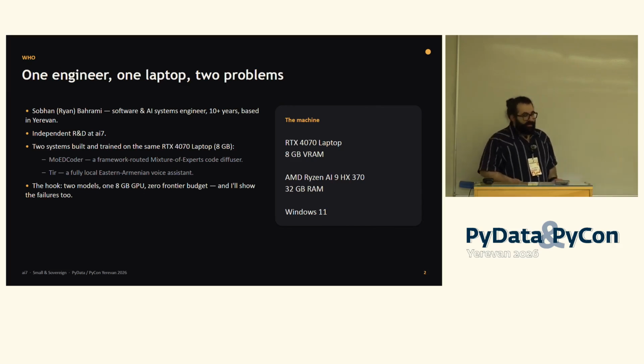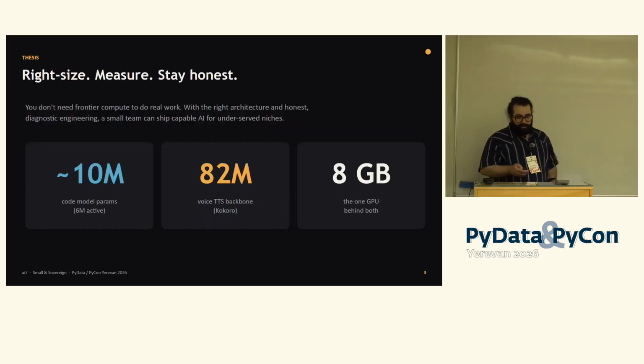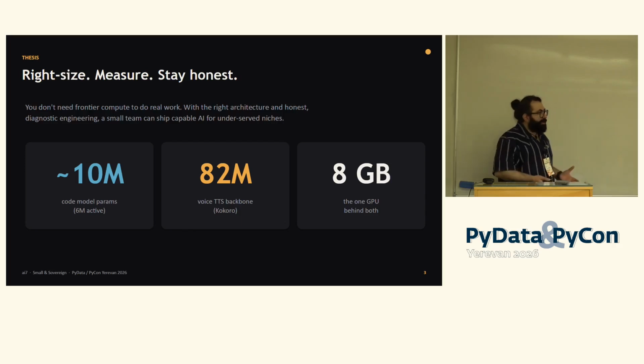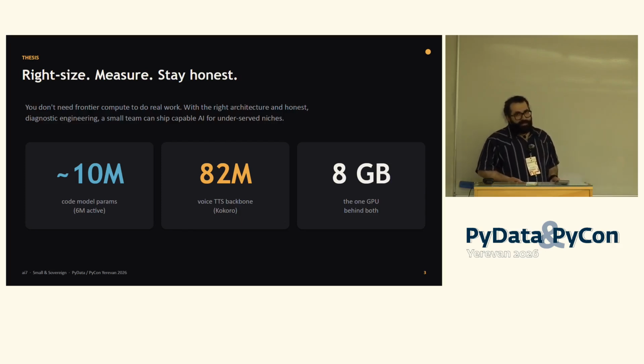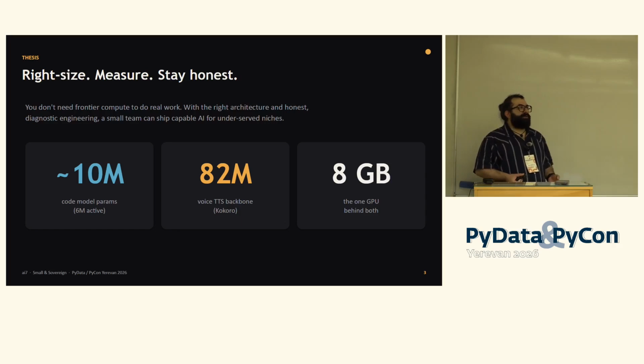The first thing I want to go through is the MOE decoder, which is a mixture of expert diffusion coding model. A tiny model, or a tiny toy, we can address it as a tiny toy, which was a multi-step fast training SLM capable of generating more than just code completion or code suggestion.